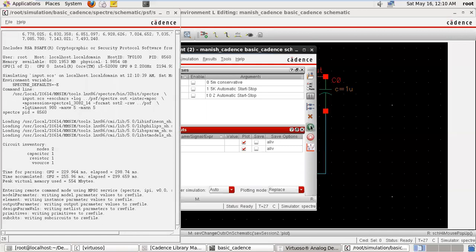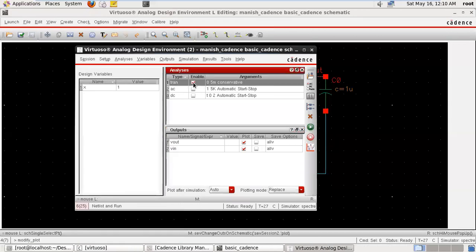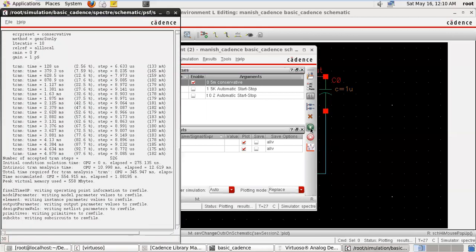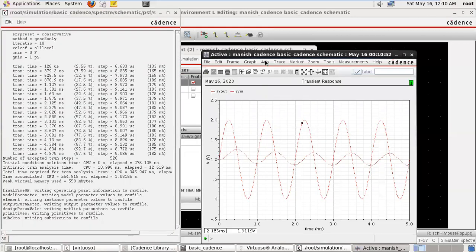Okay, sorry, because we have not selected any analysis. So first we are selecting the transient analysis, and see what happened. So see Vout and Vin. See the axis strip.